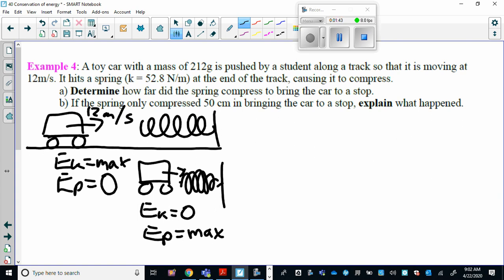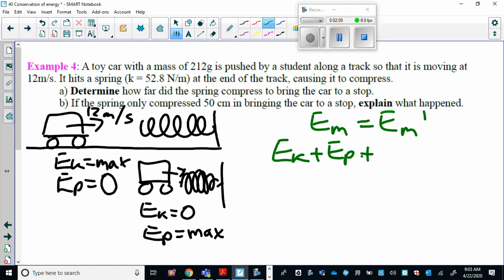So there's our situation. In this case, we have kinetic energy being converted into elastic potential energy, not gravitational potential energy. And we can solve it exactly the way we solved the previous question about the toboggan. The mechanical energy before equals the mechanical energy afterwards.